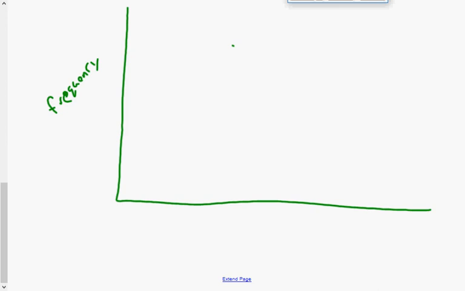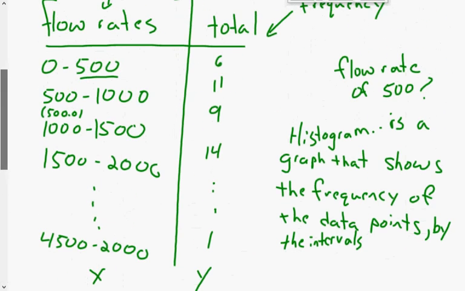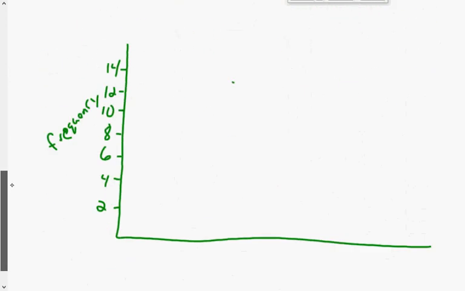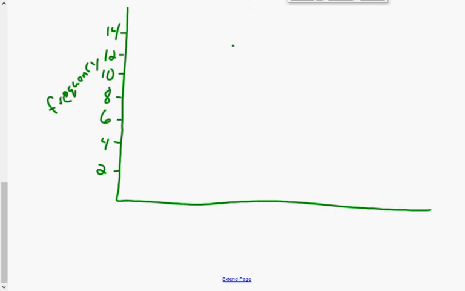So now you have to pick the units you want to go up by. My data range is anywhere from 0 to 14. So I'm going to go up by 2. Same graph. Now my intervals that I calculated my data on, I went up by 500s, right? 0 to 500, 500 to 1,000. So to make this easier, all I do is I just check them off one at a time.